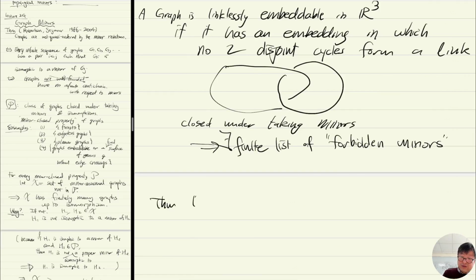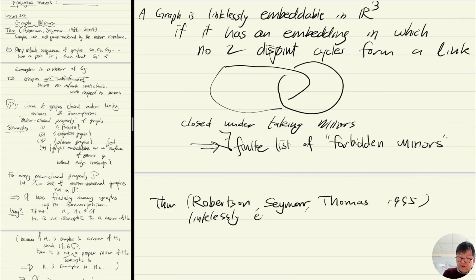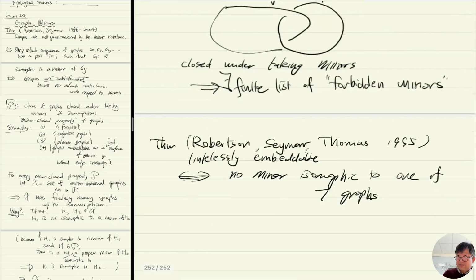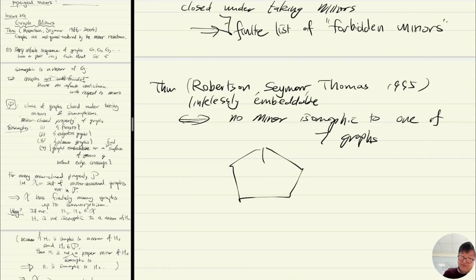They even found the list: Robertson, Seymour, and Thomas in 1995 say that a graph is linklessly embeddable if and only if it has no minor isomorphic to one of 7 graphs. One of them is the Petersen graph, and then the others are similar to the Petersen graph.